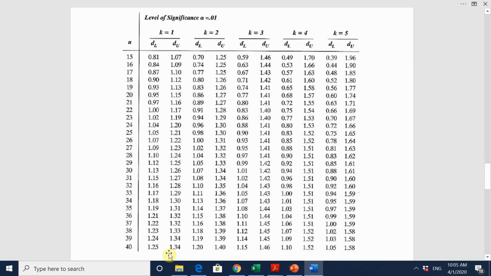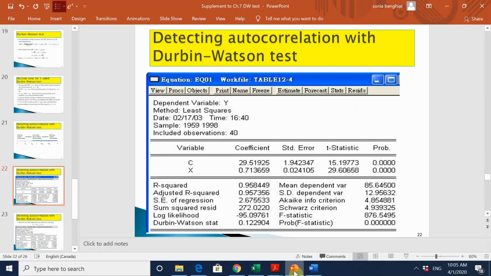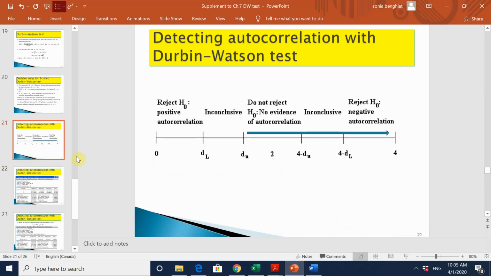If we go back to the decision rule, we said that when your Durbin-Watson statistic is less than the lower limit of the critical Durbin-Watson value, then you reject the null hypothesis.